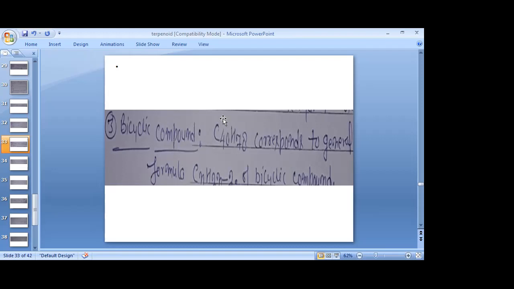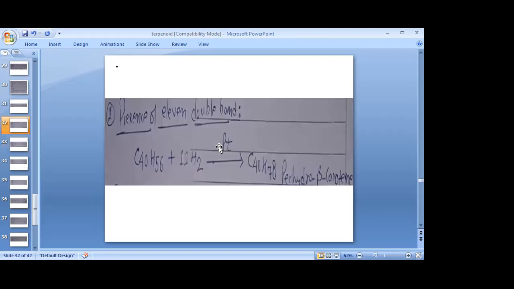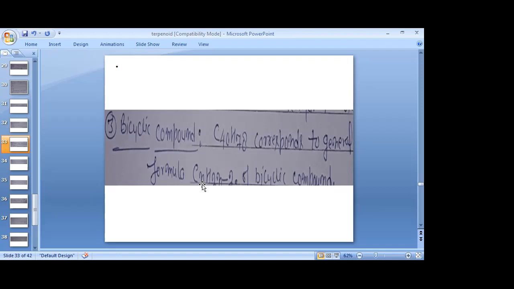After complete saturation, or after hydrogenation of beta carotene, it absorbs 11 hydrogen molecules and finally converts into perhydro beta carotene, whose formula is C40H78, and it belongs to CnH2n minus 2.